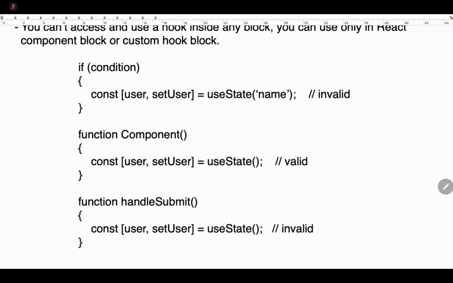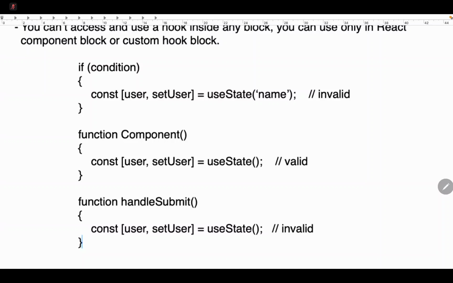That is also a function, but it is not valid. Why? Because it is not a React component block or a hook block. It is a general handler block. And you cannot access it in other functions.